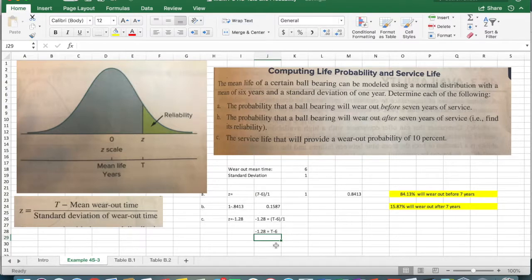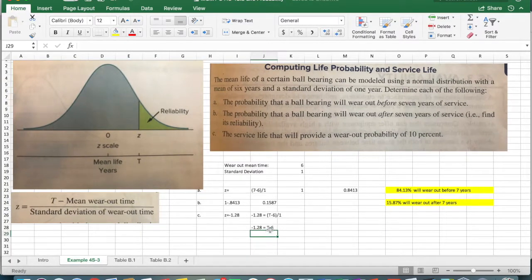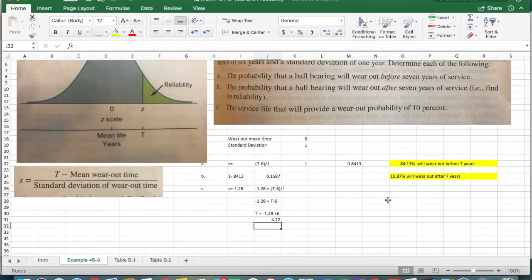Then we add 6 to both sides, and we get t equals negative 1.28 plus 6, which equals 4.72. So the service life that will provide a wear out probability of 10% is 4.72.